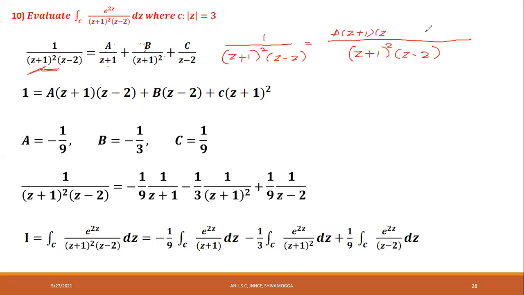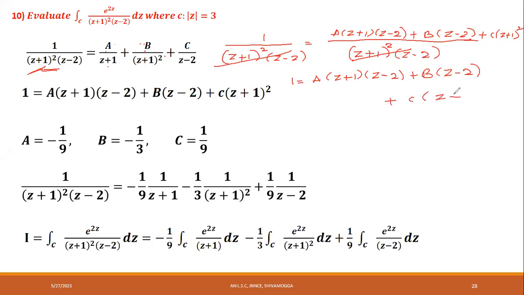Plus B into (z minus 2) plus C into (z plus 1) whole square. Now cancel the denominators. You get 1 is equal to A into (z plus 1) into (z minus 2) plus B into (z minus 2) plus C into (z plus 1) whole square.